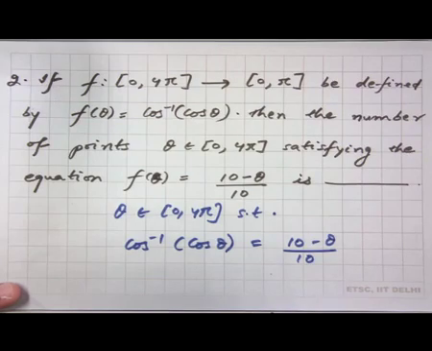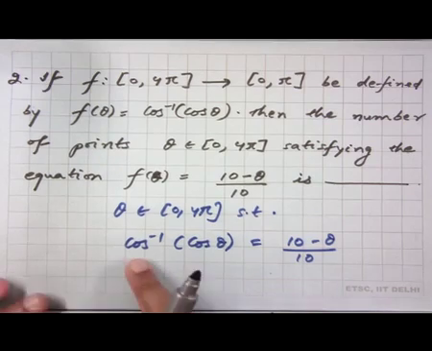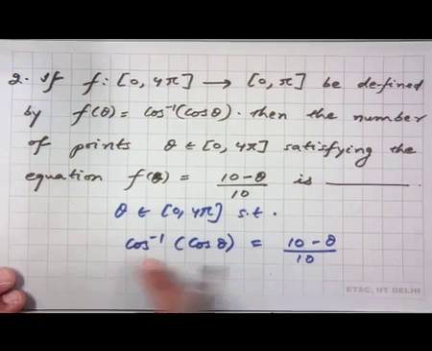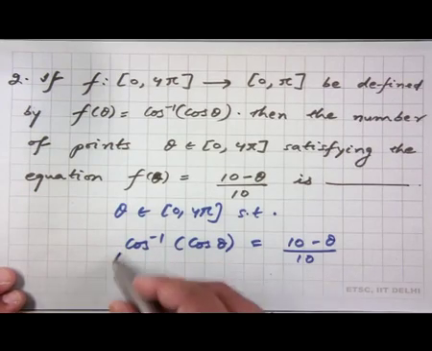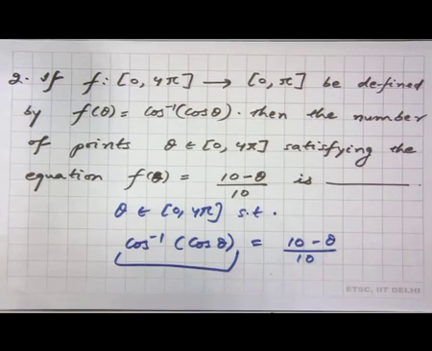So, clearly, because this is trigonometric, we need to first simplify this left hand side over here and then try to equate and see how many such values of theta are there.